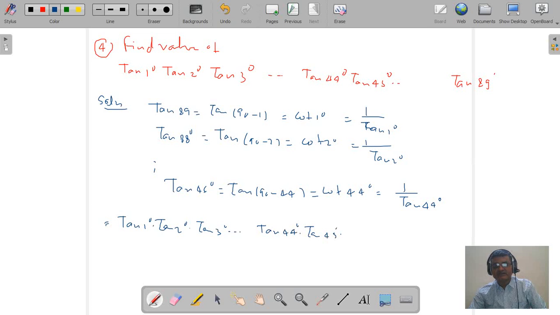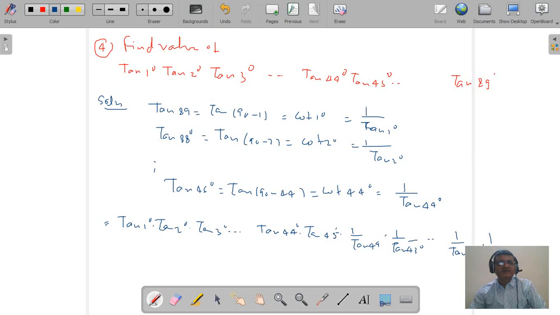Now this is 1 upon tan 44 degree, 1 upon tan 43 degree, likewise 1 upon tan 2 degree into 1 upon tan 1 degree.